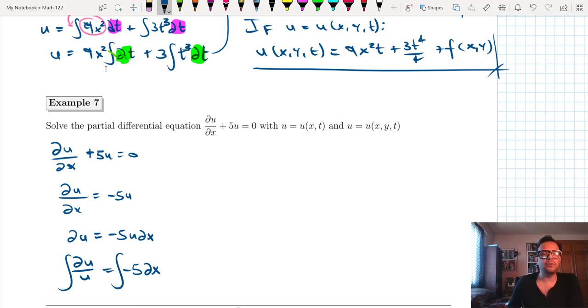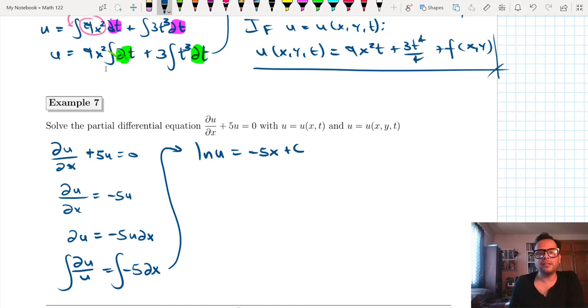So we integrate du over u, which is ln of u, and then the integral of negative 5 dx is simply negative 5x plus some constant of integration. Let me just call it some constant. We are going to introduce those variables in a couple seconds.